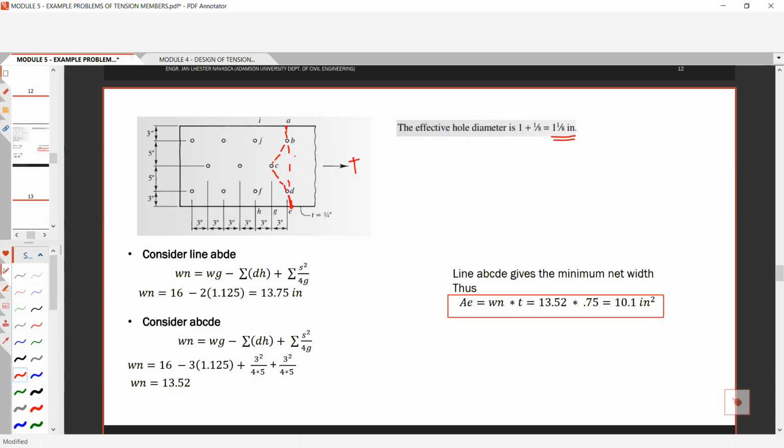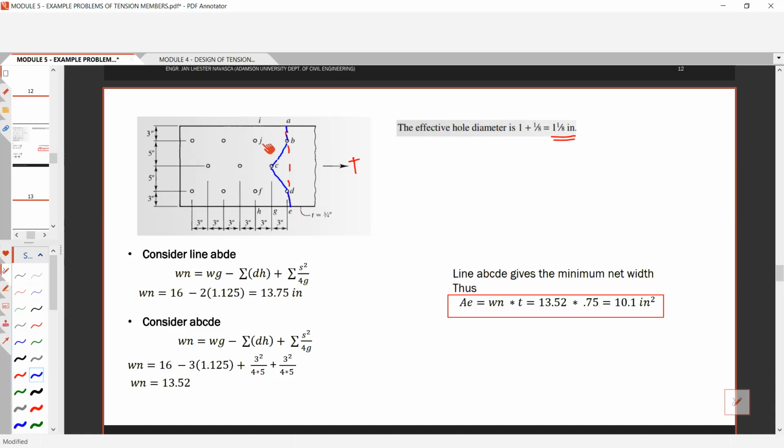So we can have different colors. Maybe you can have a net fracture in this case. So we can assume that our line of the net fracture is at the line ABDE, or maybe at the line ABCDE. So those are the cases.